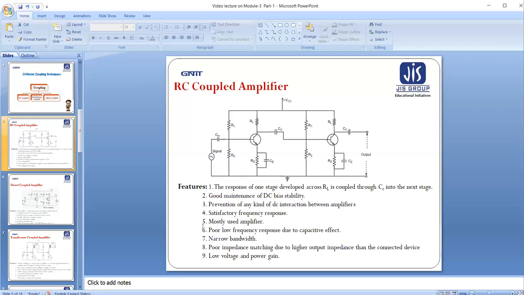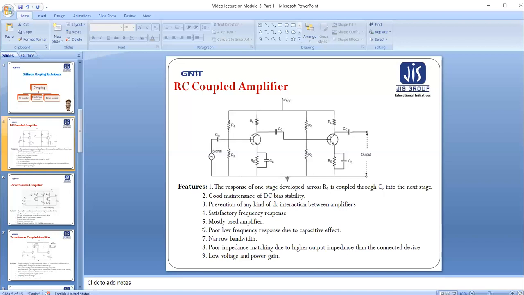What is frequency response? Frequency response means the response of the circuit depending on the frequency of the input signals. So the circuit will not respond satisfactorily when the input signal is low. It will be useful for the medium or high frequency.